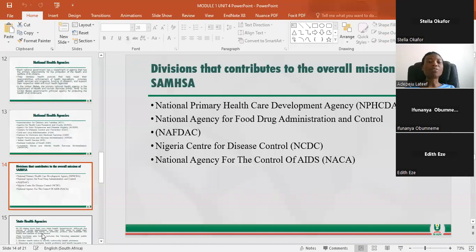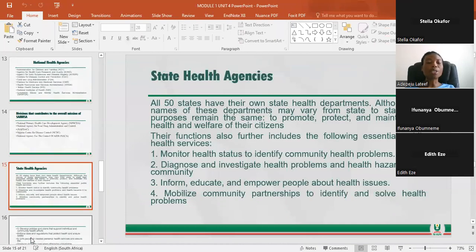We have different divisions that contribute to the overall mission of the nation. So read it up, and please don't limit yourself to this PowerPoint or the 1 hour alone. Please go through the course materials.